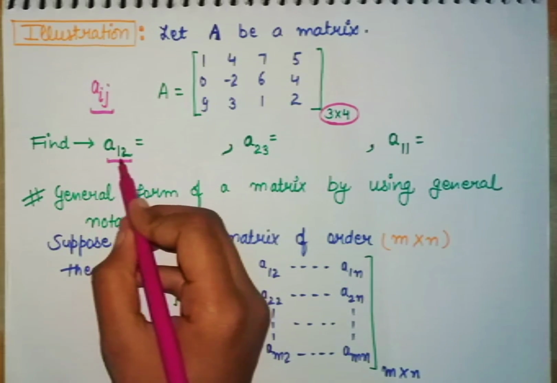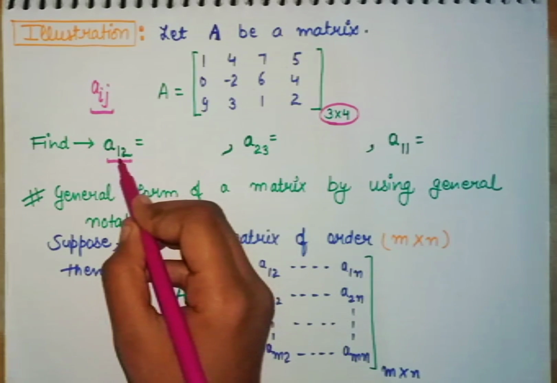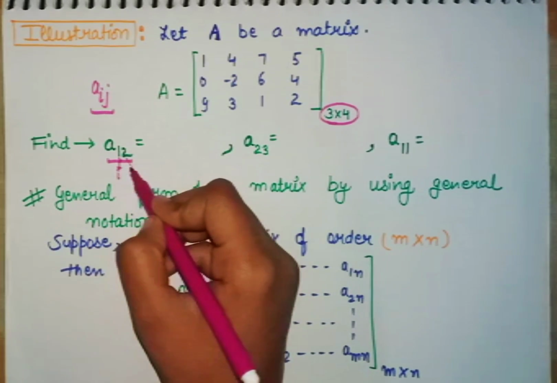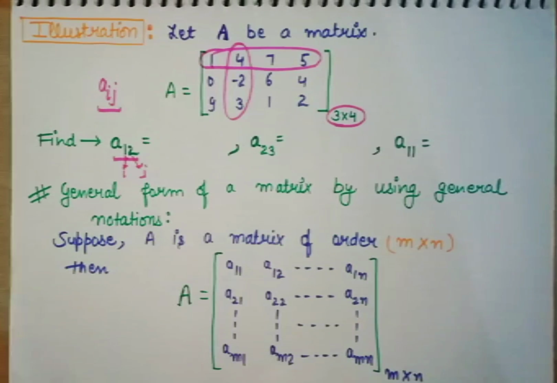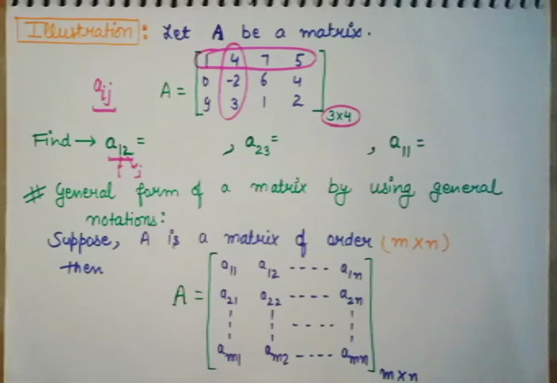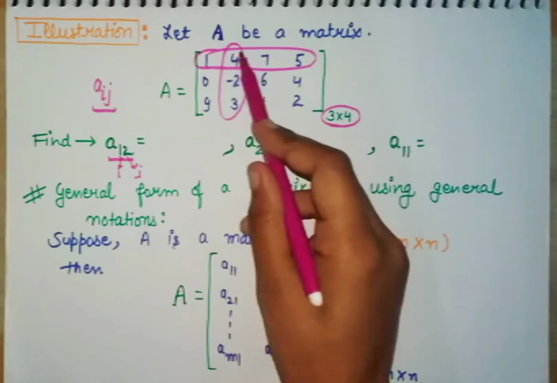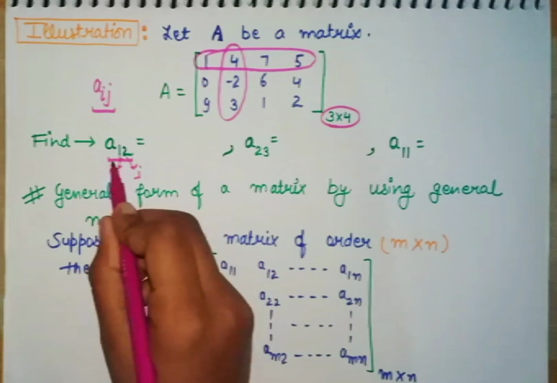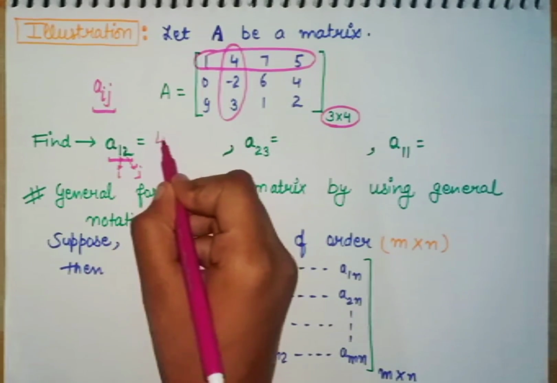We have 1 at the place of i and 2 at the place of j. Now look at the first row and second column. The common element of the first row and second column will be A12. Therefore, A12 is equal to 4.